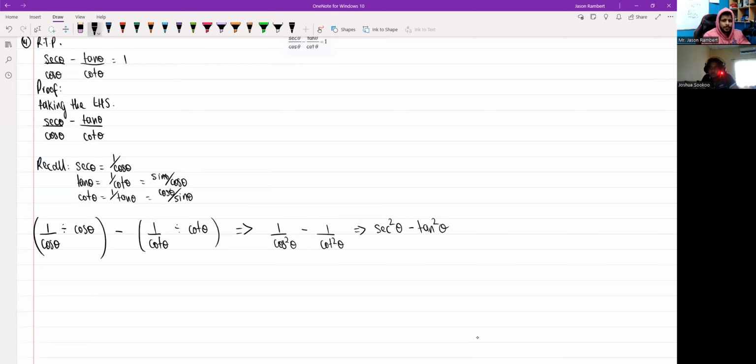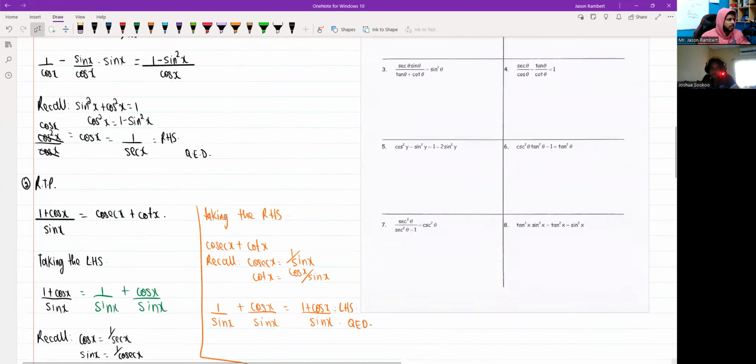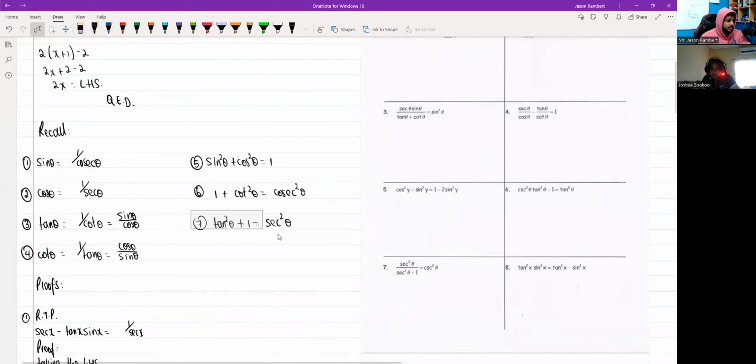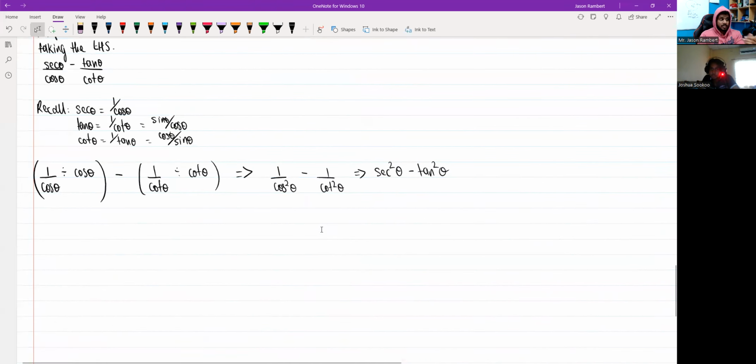Now I am going to refrain from manipulating this, because sec squared theta minus tan squared theta is indeed 1.